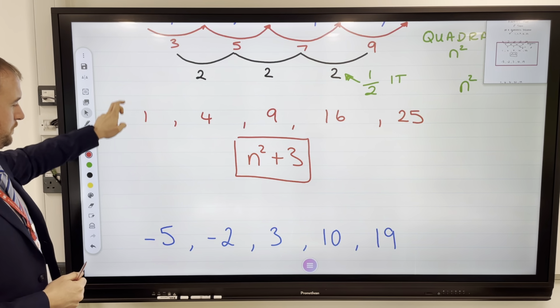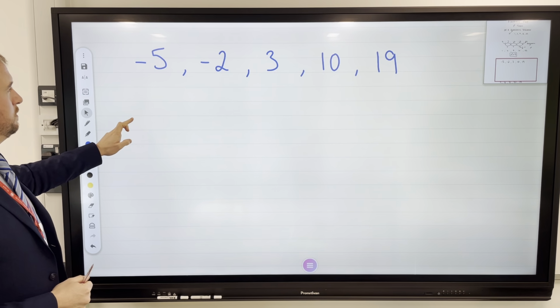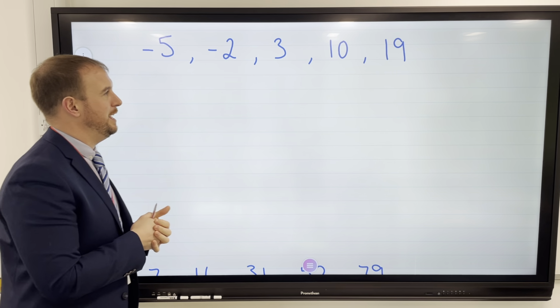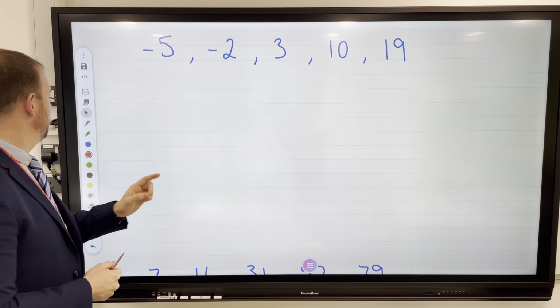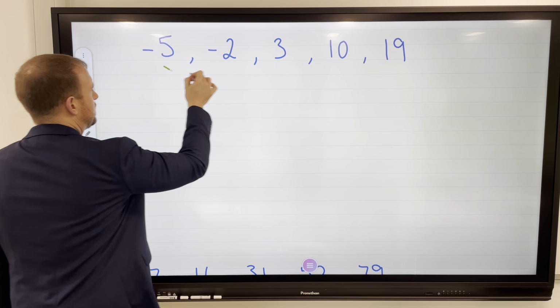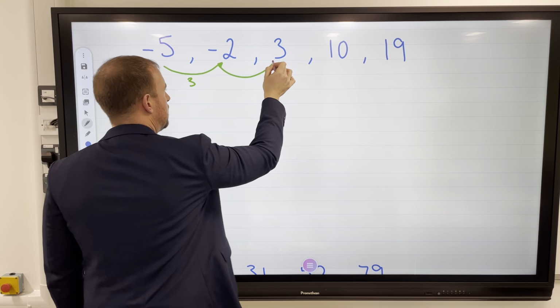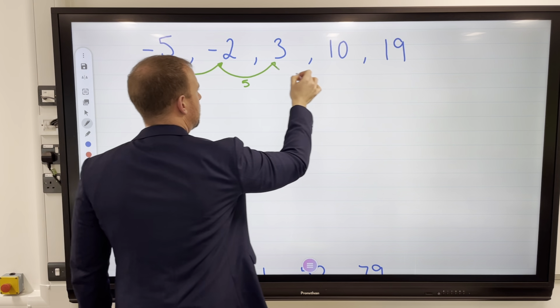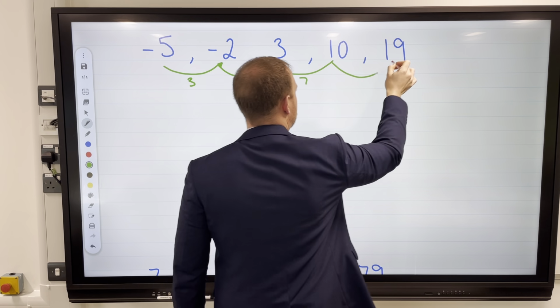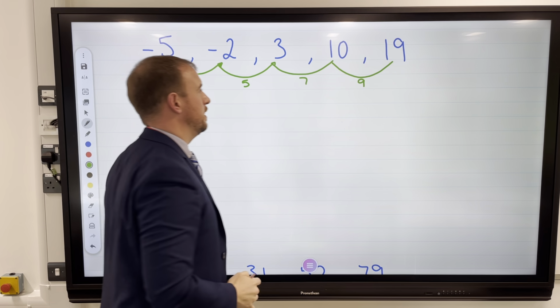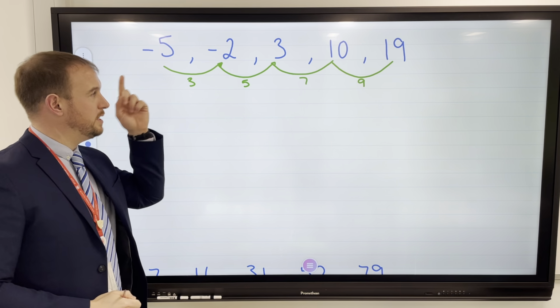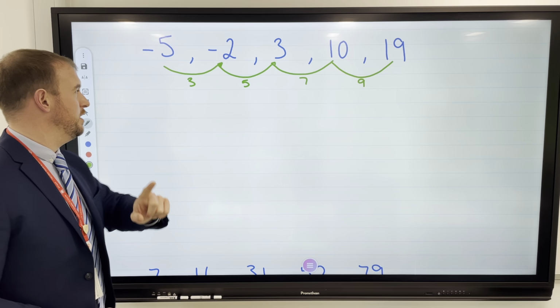Let's try another one. -5, -2, 3, 10, 19. First things first, let's calculate our difference. Difference there is 3, then 5, then 7, then 9. Okay, it's going to be quadratic because my difference is increasing.